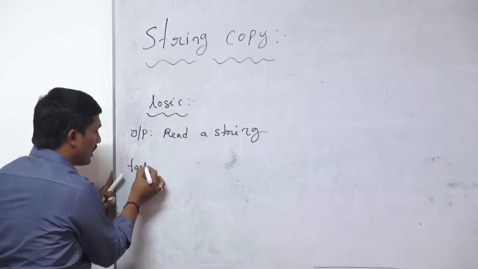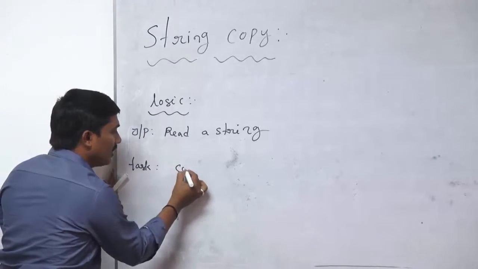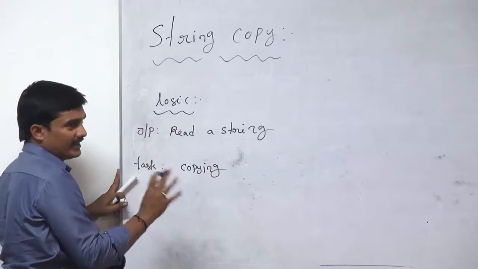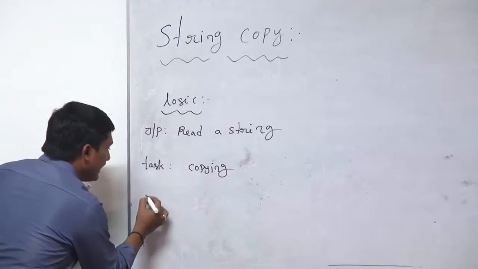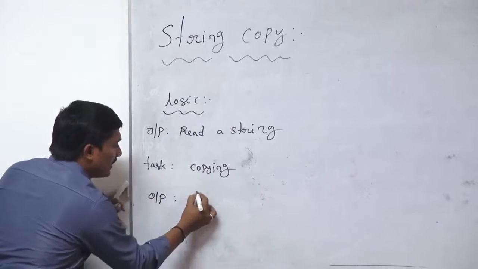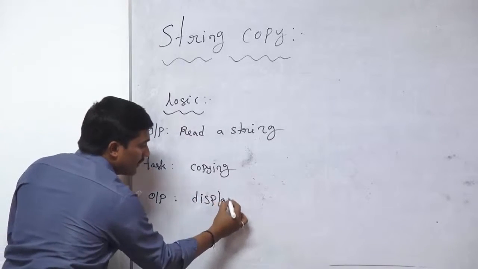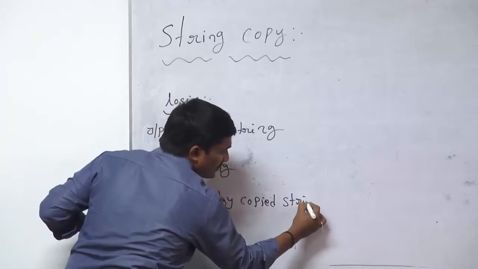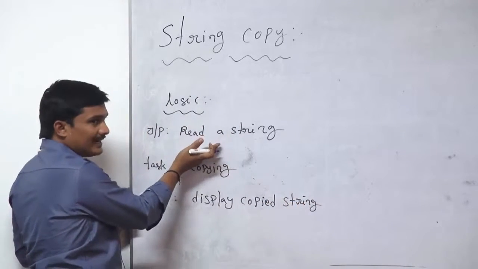Then we are going for the task. What is the task? Copying. You know how to copy the data, already we have discussed. Next, output. What to display? Display the copied string. You know how to read the data: that is the gets function.